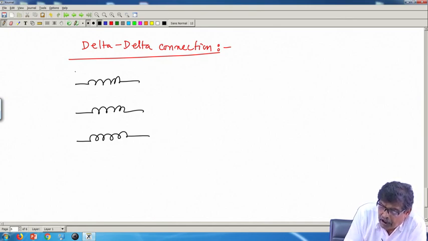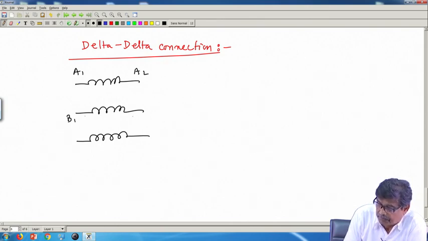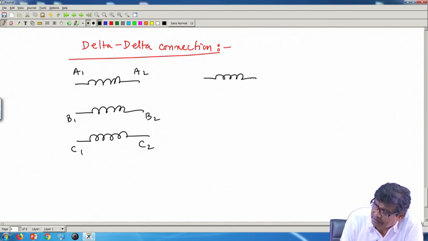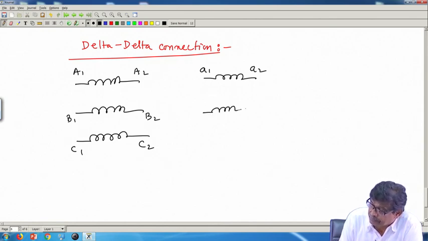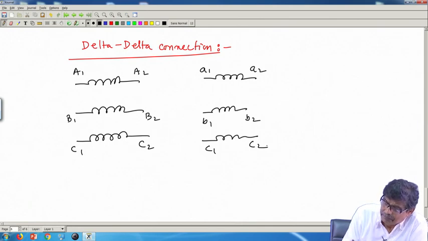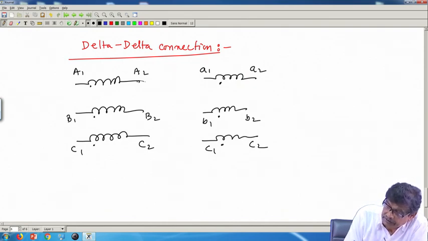So, here also I say this is A1, A2, this is B1, B2. What are the vector groups possible here? That is what I am examining with delta delta connection. Okay, and this is the secondary. Here I will not take much time because you are now used to it. Small b1 b2 and this is small c1 c2. Okay, proper delta I have to connect. So, these are dots. So, connect it.